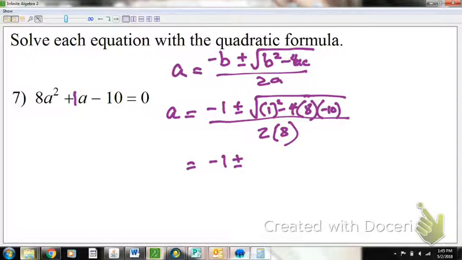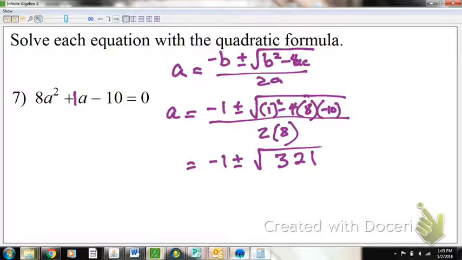Now our radicand here, 1 minus... 4 times 8 is 32. 32 times 10 is 320. So that's actually plus 320. So that's 321.